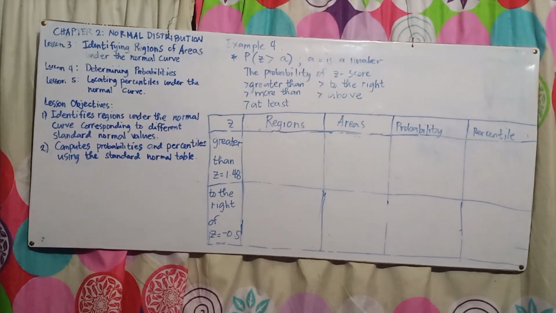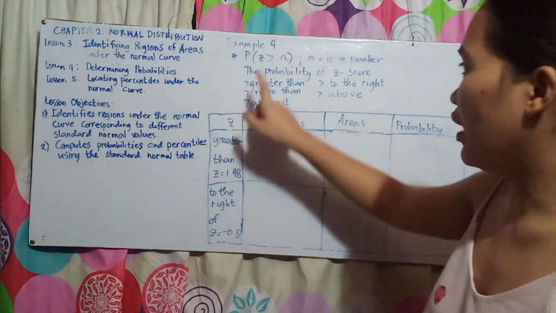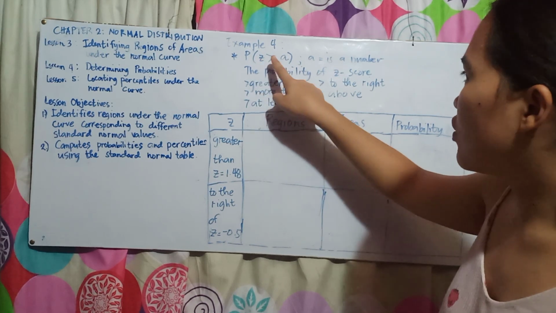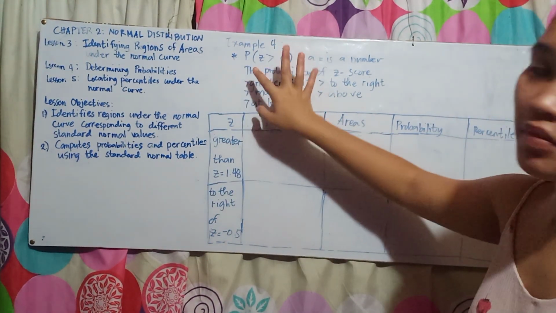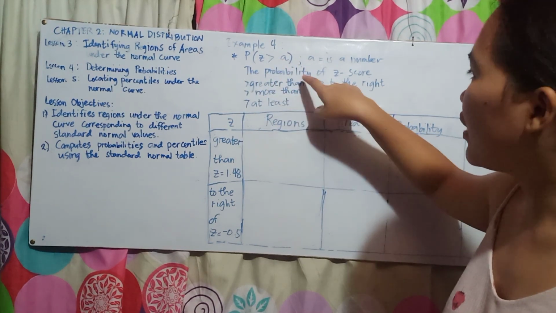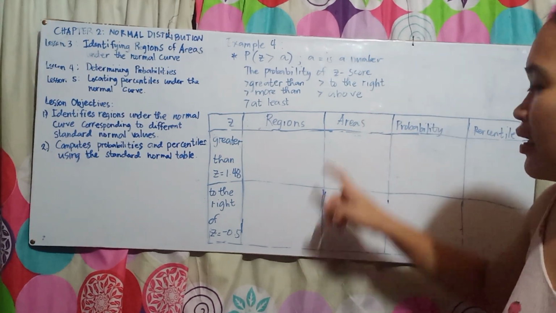Okay, next, example 4. This is its notation: the probability of z-score greater than A. The synonyms of greater than are more than, at least, to the right, and above.